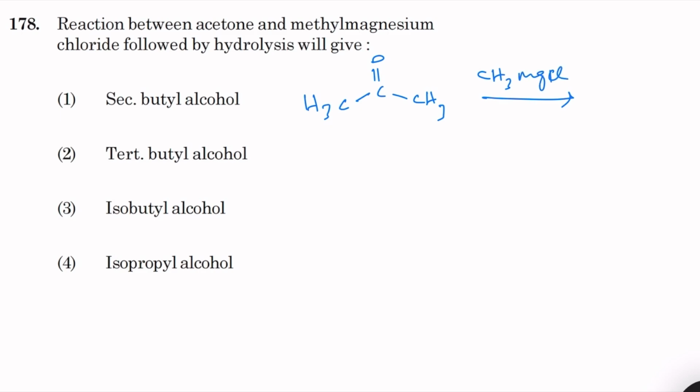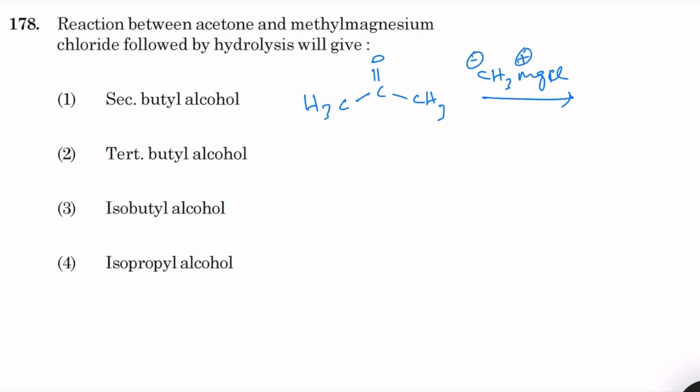We know that adding a Grignard reagent to aldehydes and ketones forms alcohols after hydrolysis. In this case we have a ketone, and Grignard reagents are strong nucleophiles and strong bases.